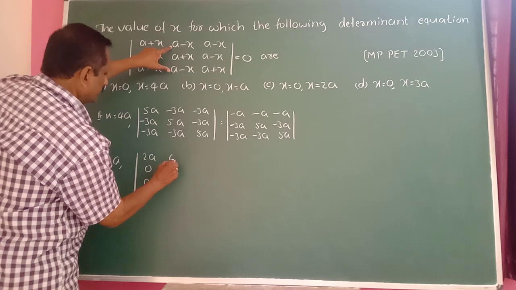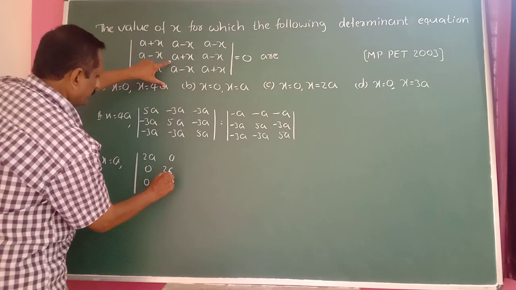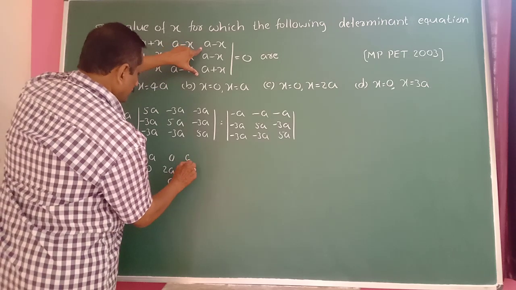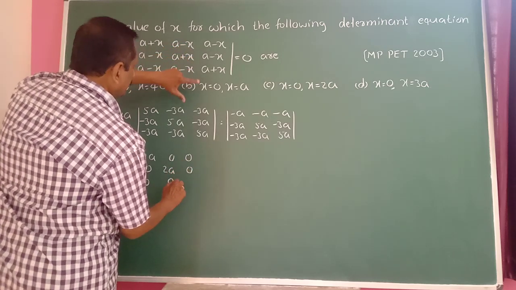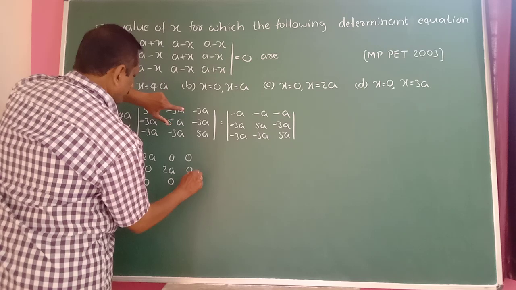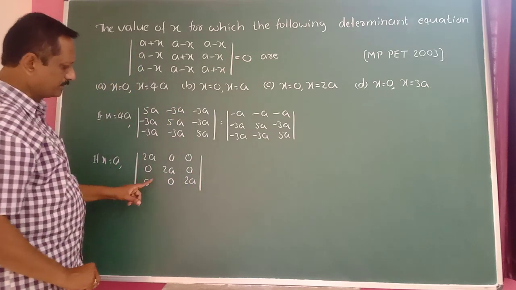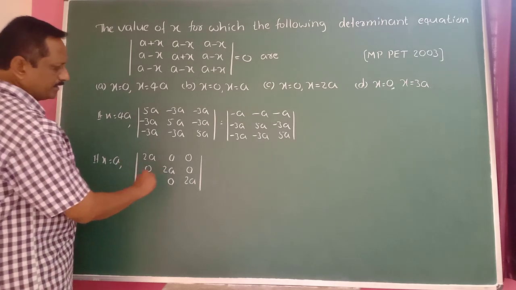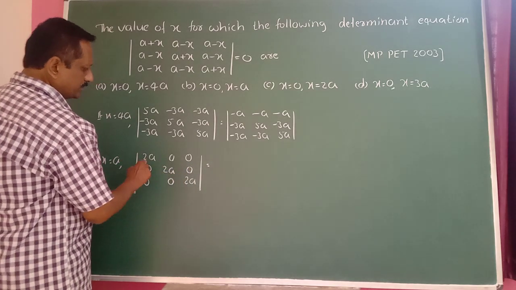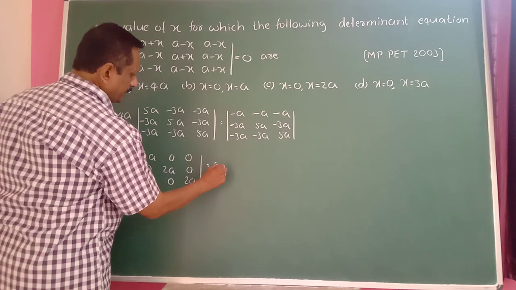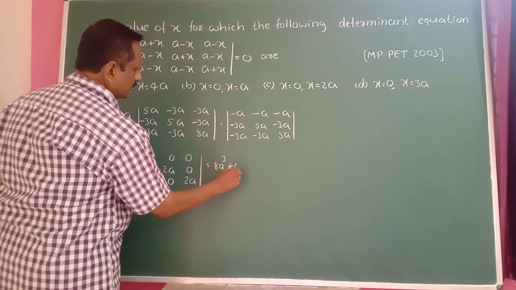Then it is 0, then 2a, and here is 0, then 0, and here it is 2a. So here one side of the diagonals are 0. So the value of the determinant is this into this into this. 2 twos are 4, 4 twos are 8. 8a cube here, this is not equal to 0.